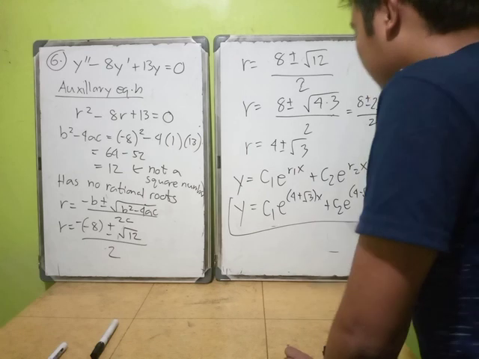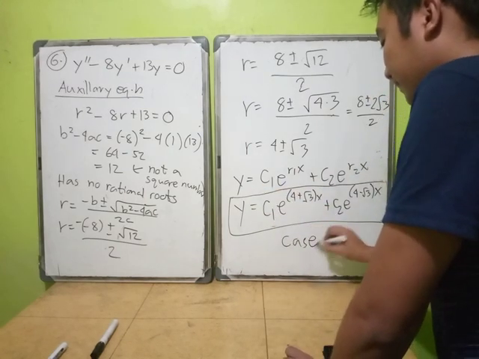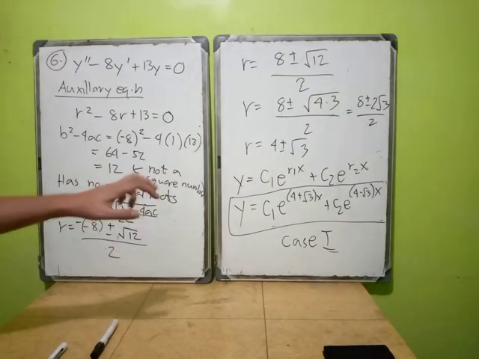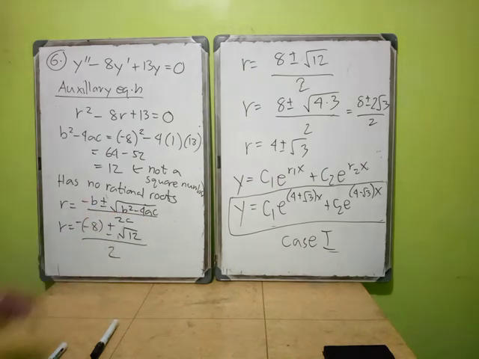This is still case 1. It has two distinct real roots, but the thing is, it has no rational roots. So this is how you solve second order homogeneous differential equations.